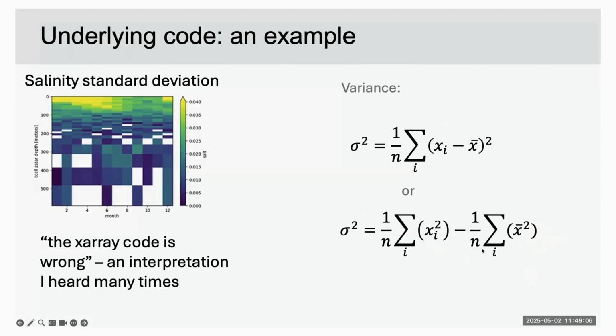And so if you do it this way, and this sum of the mean is really, really big, and the sum of the values is really, really big, and the difference is small, then you can accidentally end up with that last decimal place in the computation being dropped off the end. So if this is 200,000, this is 200,000, and the number you're looking for is like 0.3, then there might not be enough decimal points for the code to hold on to it.